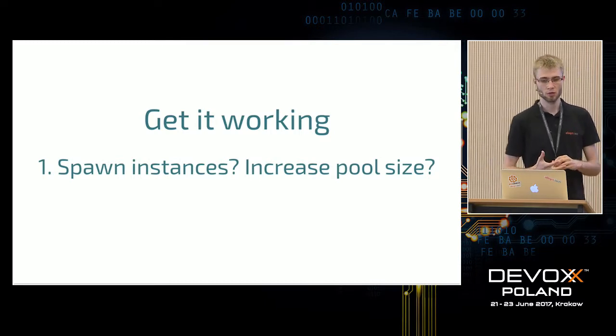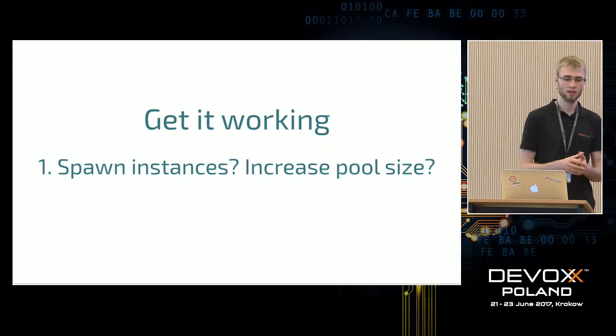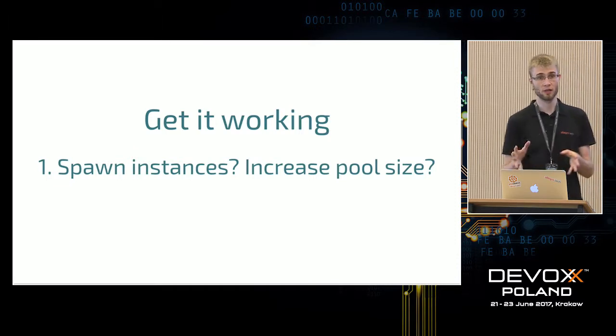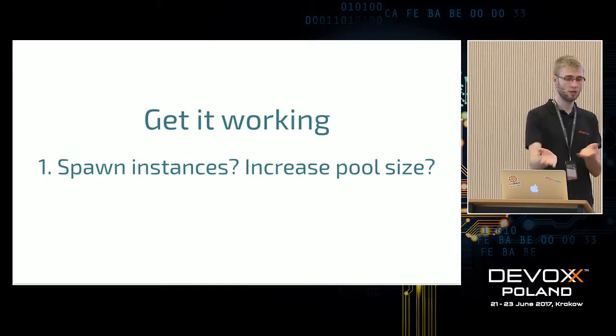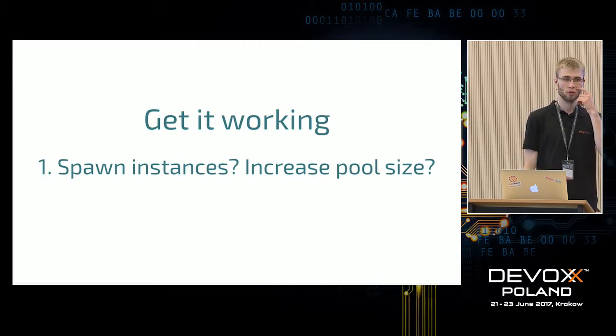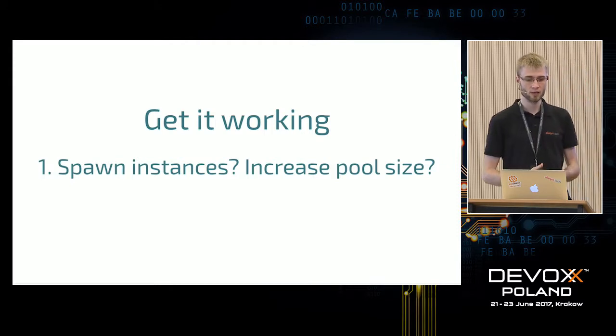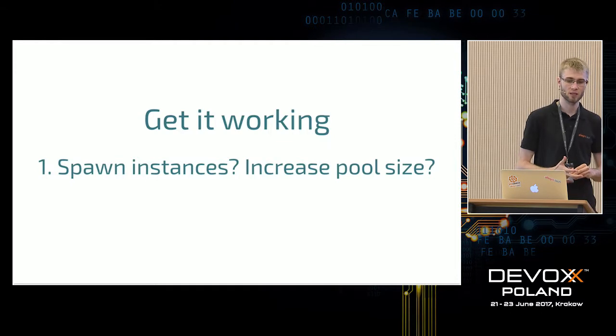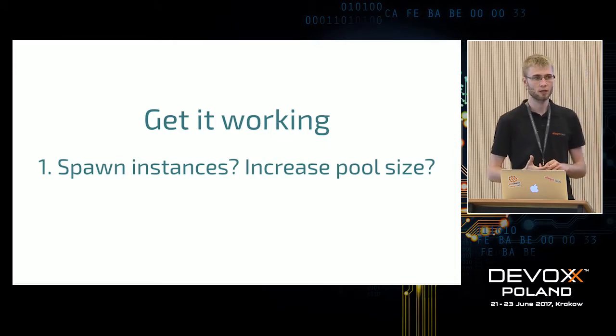Or maybe it's a problem with us. Maybe the database and the image scoring service are doing fine, and it's a problem with us not being able to create so many connections using only this small thread pool. So depending on what we see in the metrics, in the response times of the database and of the image scoring service, we can decide what to do.